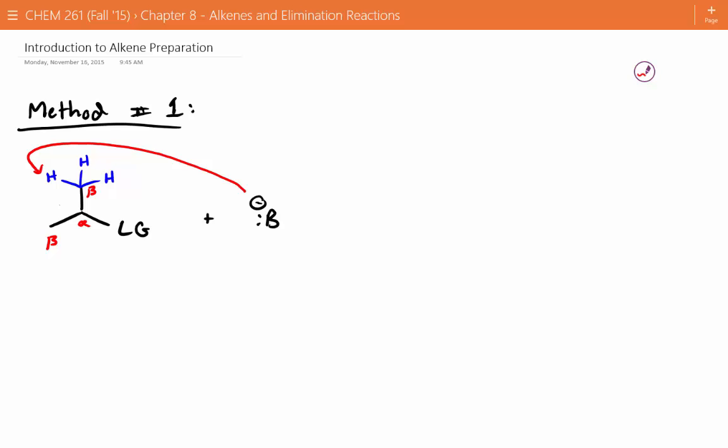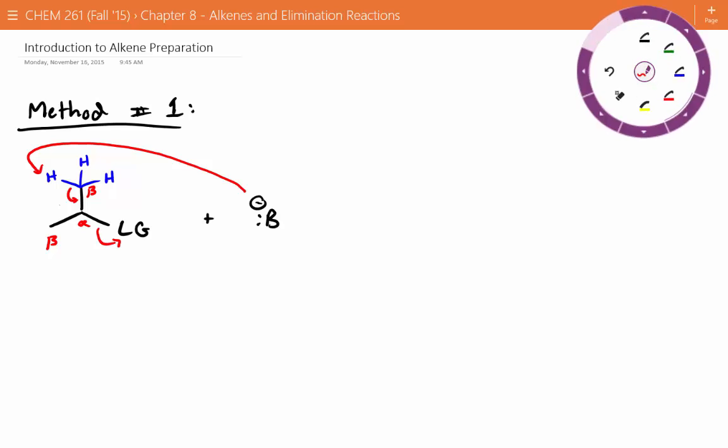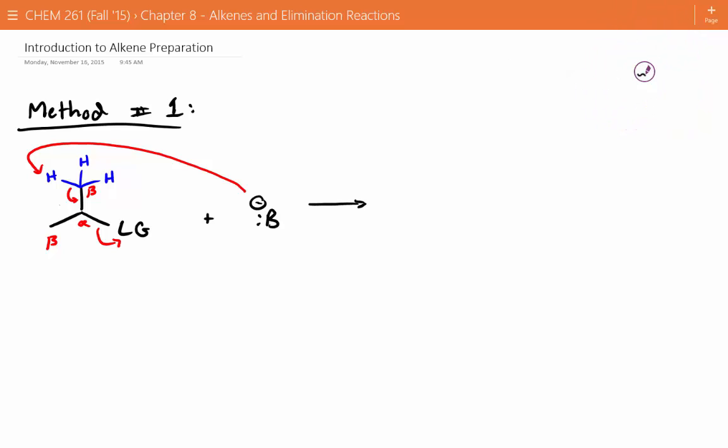And this sigma bond will actually clamp down like a set of dominoes and then kick off our leaving group. Is this the SN2 reaction? Nope. So now we've got our conjugate acid, HB, and we've got an alkene. This is not a substitution reaction, right? We have not substituted the leaving group for a nucleophile. Instead, we've eliminated off our leaving group, and we're left with an alkene. So this is an elimination reaction.